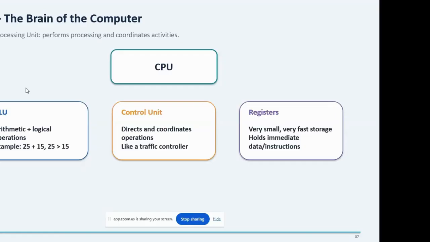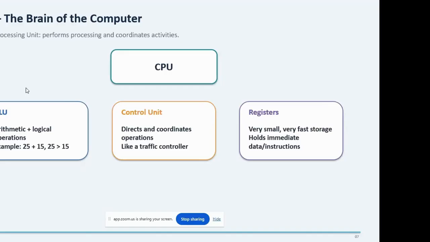For example, when I ask you a logical question, is 50 greater than 40? At that time, you're not doing any calculation, but you're thinking logically. Yes. So this comparison, all these things are done in ALU, that is arithmetic and logic unit.